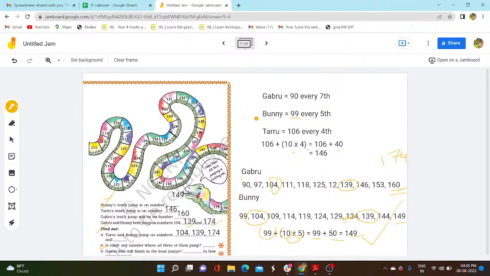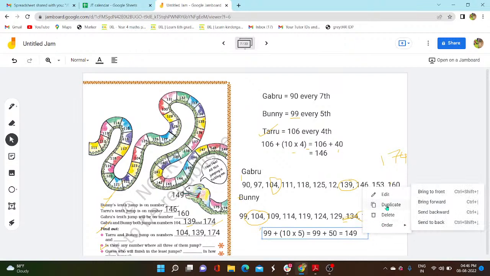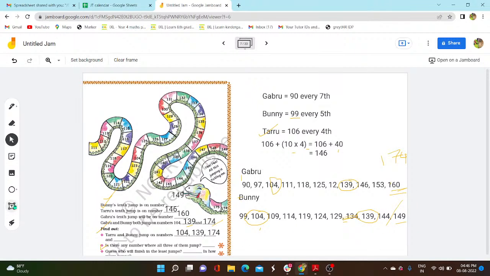For that we'll have to complete the third table as well, that is Taru's table. We'll have to complete this also in order to get the third number. So here we can have Taru's coin count.